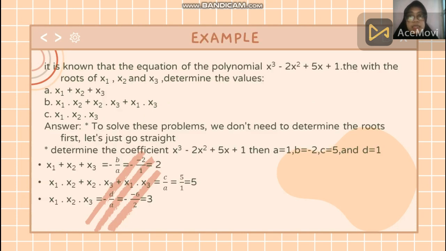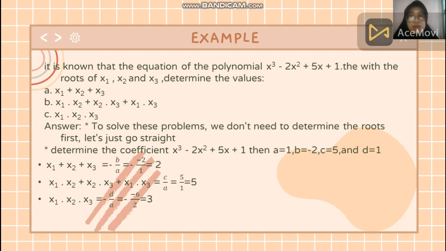Example: it is known that the polynomial equation x to the power 3 minus 2x to the power 2 plus 5x plus 1 equals 0 has roots x1, x2, and x3. Determine the values of a. x1 plus x2 plus x3, b. x1 times x2 plus x2 times x3 plus x1 times x3, c. x1 times x2 times x3.